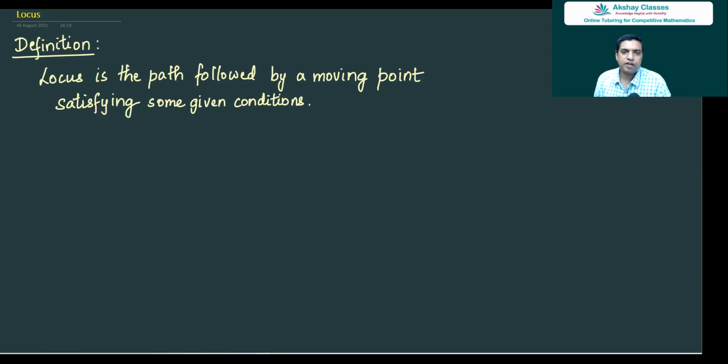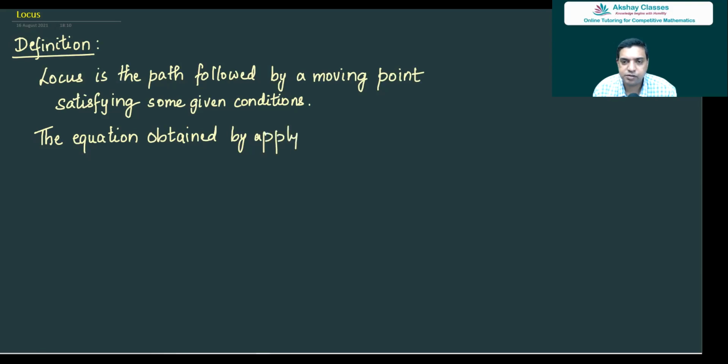Now, when we apply conditions to a moving point, the equation obtained by applying the conditions is called the equation to the locus.